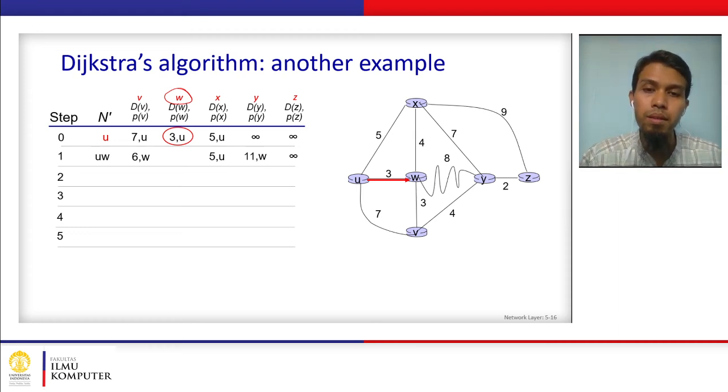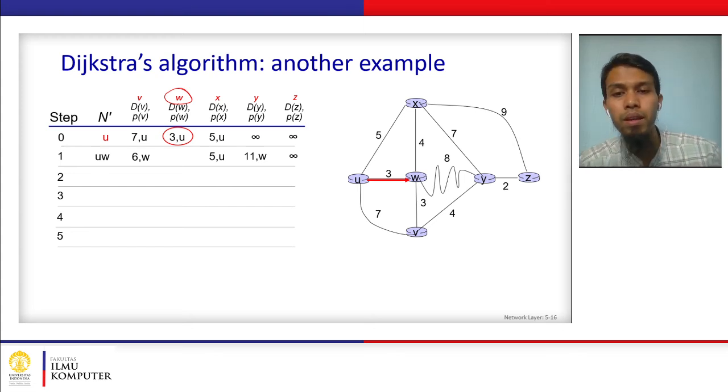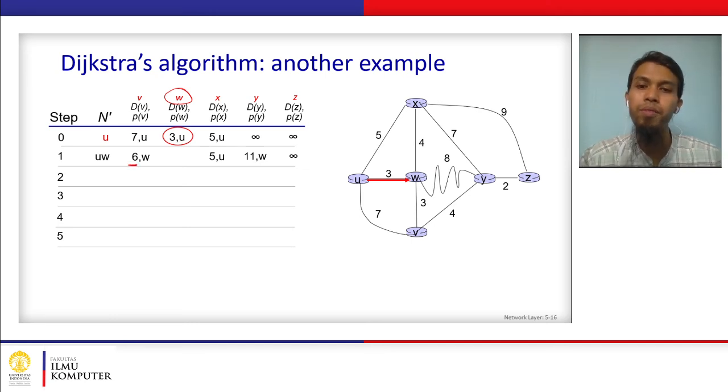But if we take the path through W, the cost will be 6, which is cheaper. And if we go to X directly, the cost is 5, and if we go to X through W, the cost is 7. So we keep the same path as before.